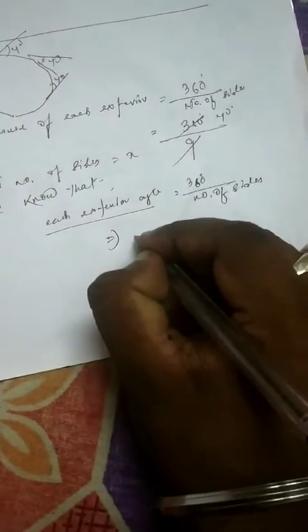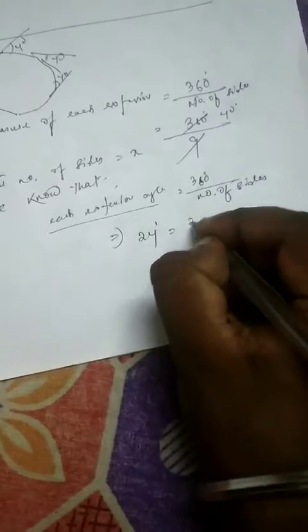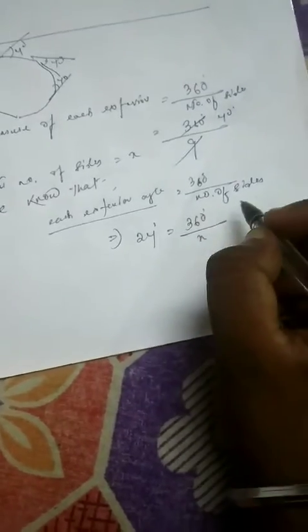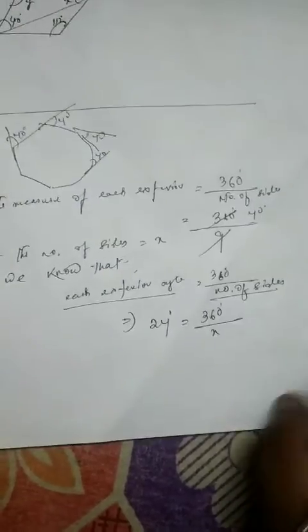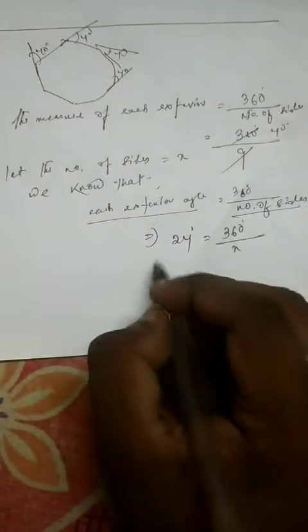So each exterior angle, already given as 24 degrees, 24 degrees is equal to 360 by x. Because the number of sides is unknown to us, we have considered it as x.